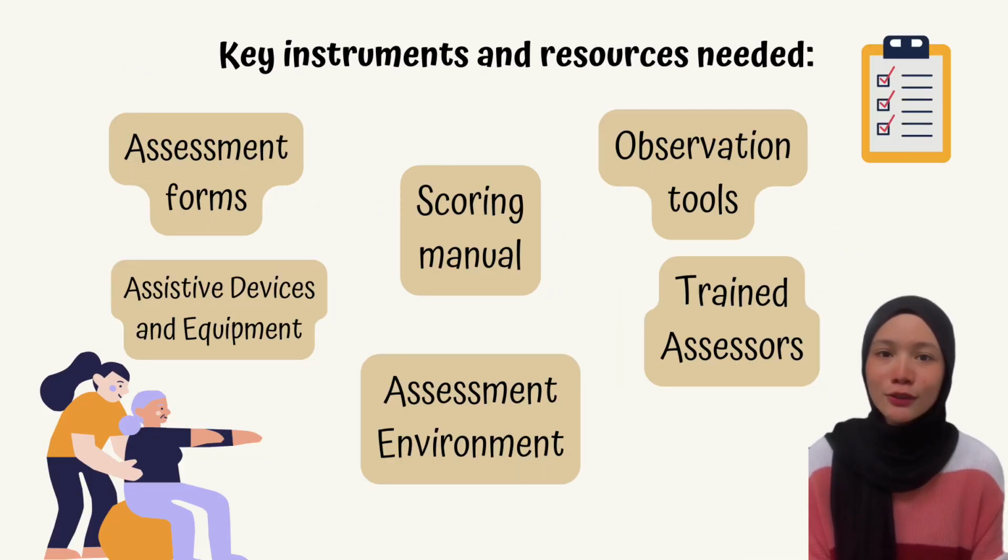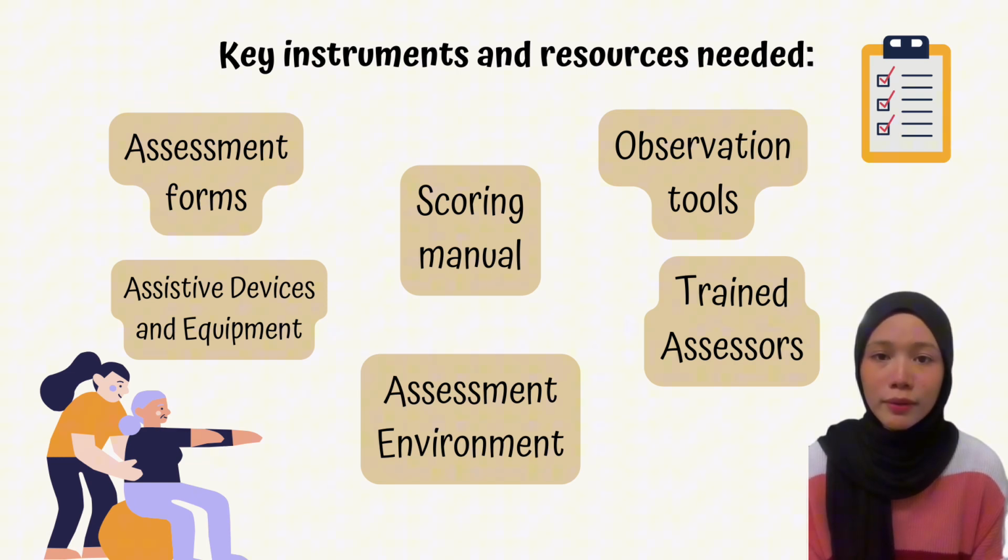Key instruments and resources needed are, first, the Functional Independence Measure assessment forms. These forms are used to record scores for each of the 18 items in the assessment. They provide a structured way to document observations and ensure consistency in scoring.